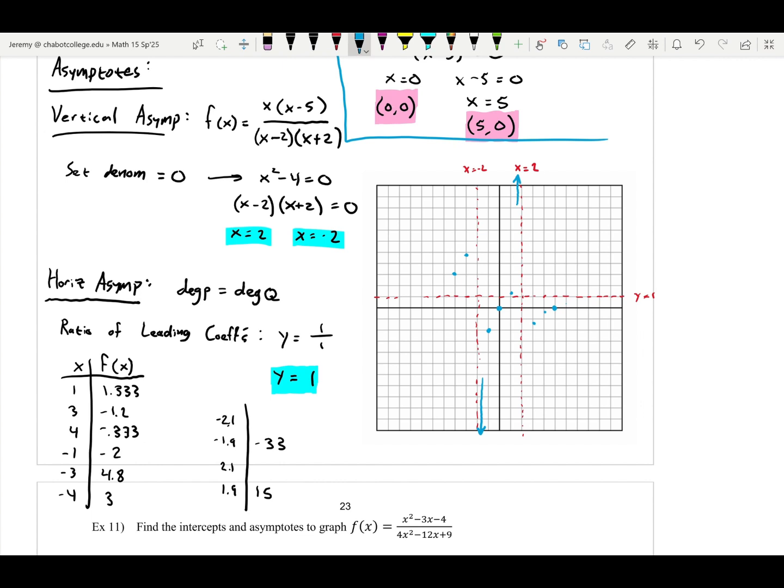If you put in negative 2.1, you get out a big number, so the graph is going up like that. If you put in positive 2.1, you get a very small number, indicating that the behavior near that asymptote goes down like that. And you could plug in more ordered pairs if you like, but I've got a pretty good idea of what this graph is doing now.